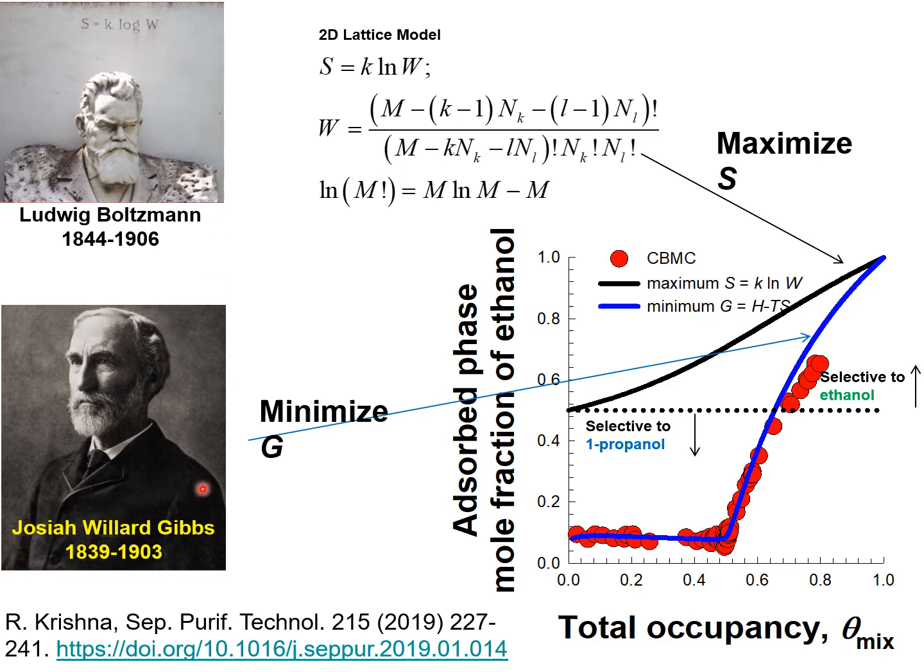So by combining the Boltzmann concept of S is k ln W with the minimization of free energy, we can explain in a very simple way the selectivity reversal in favor of ethanol that manifests at high pore occupancies.